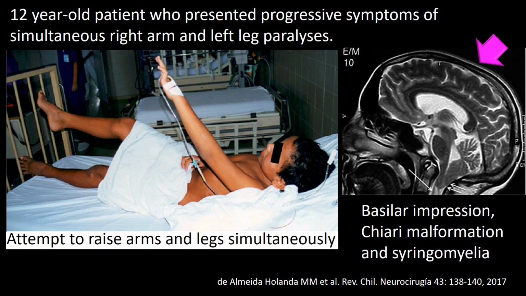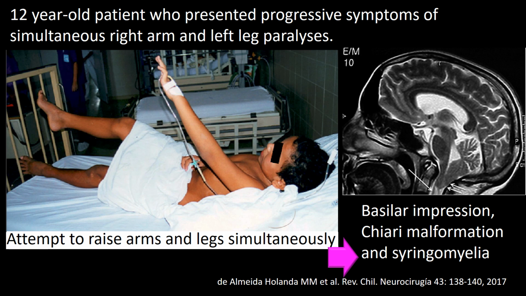This patient's MRI showed basilar impression, that is a craniocervical junction abnormality where the tip of the odontoid process projects above the foramen magnum, Chiari malformation, a condition in which brain tissue extends into the spinal canal, and syringomyelia, which consists of a cyst or cavity formation within the spinal cord.